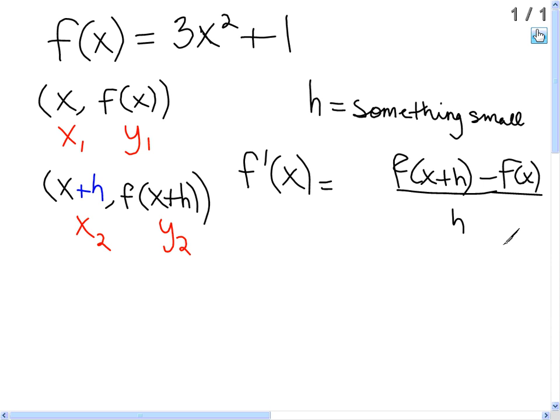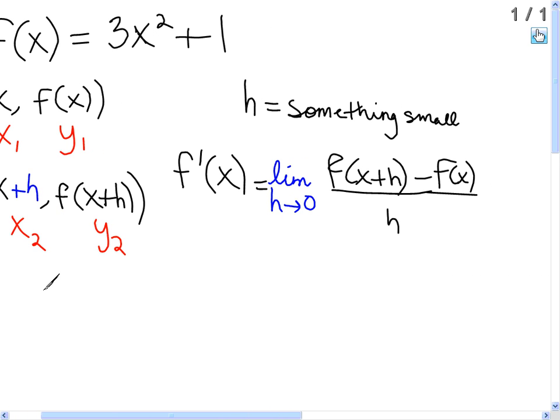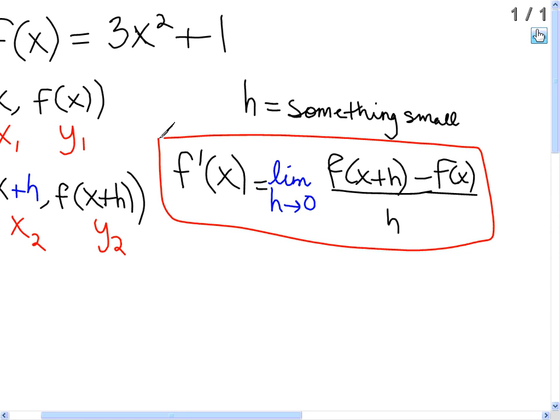So if I want something very small, I want this limit, the concept of limit, to let h go to something very small, which we know is 0. So this equation that we set up, f prime of x is equal to the limit as h approaches 0 of f of x plus h minus f of x all over h, is the formal definition of what the derivative is.